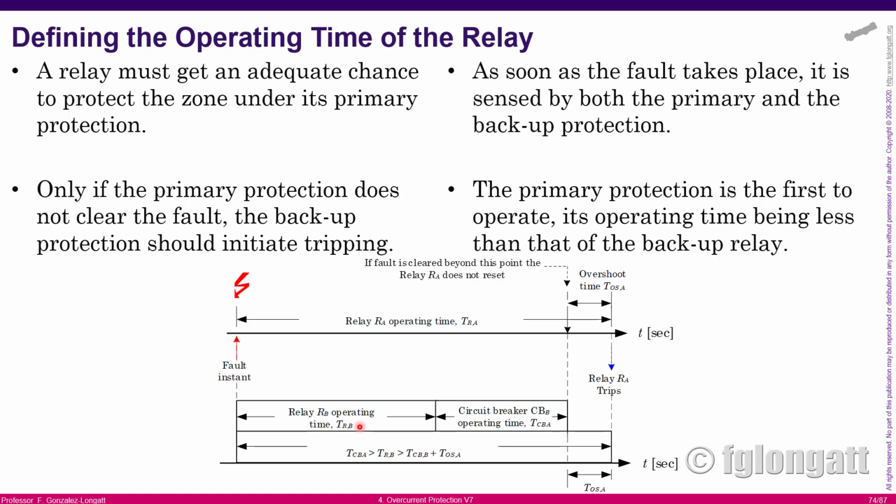As a consequence, after the operating time, the relay must send the signal to the circuit breaker to open, and the circuit breaker will take some time to open. What I'm trying to say is that from the fault instant to this location, that is the process of stopping the fault currents inside the line B and C.